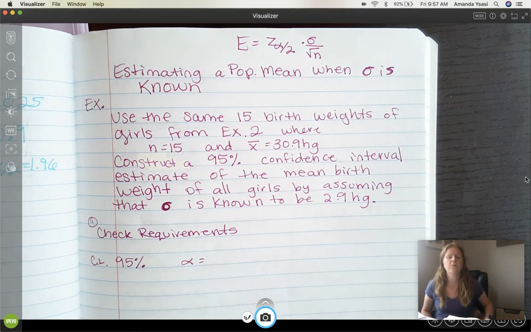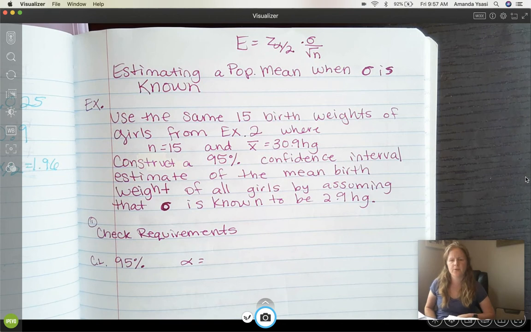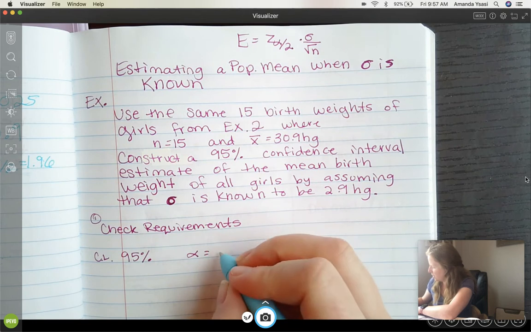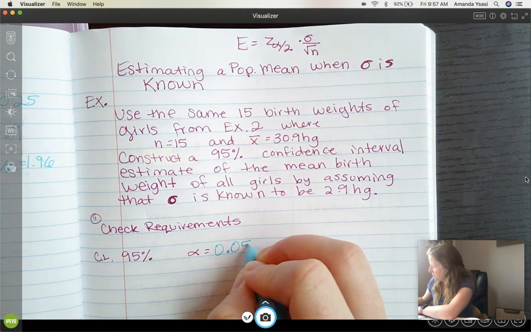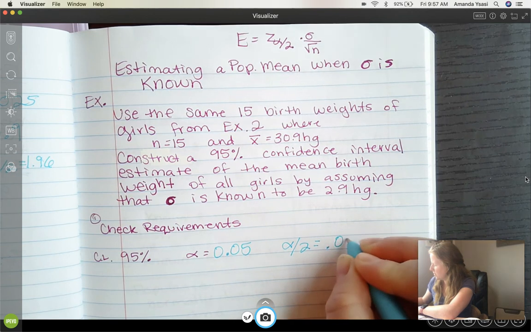Now we are going to estimate a population mean when sigma is known. Use the same 15 birth weights from the first example. We have our 95%, so we know that our alpha is 0.05 and alpha over 2 is 0.025.